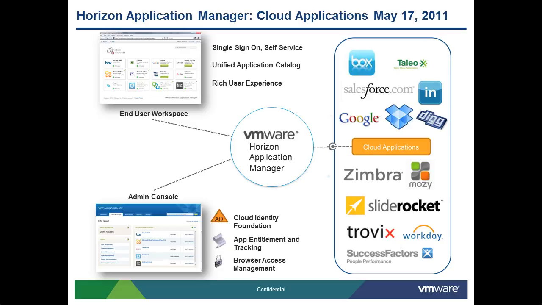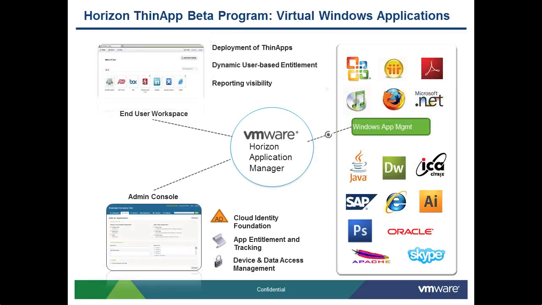And we brought these things together in a manageable platform via one simple admin console that has a cloud identity foundation, offers a centralized console to track application entitlements, and it provides browser access management as well. So that was in May.